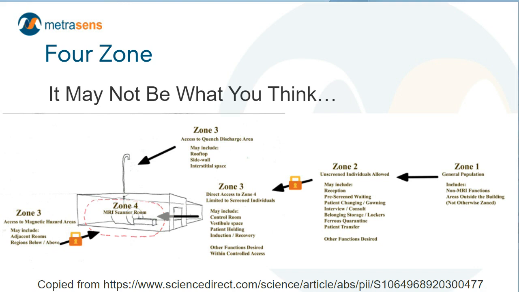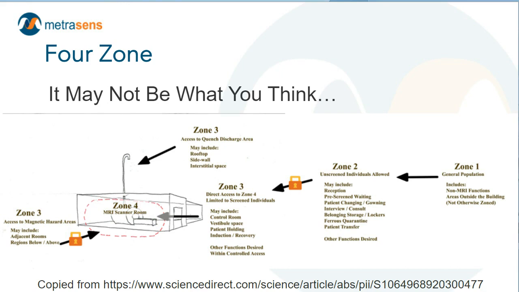And then zone 3 are areas where there are potential MRI-specific hazards. And then zone 2 is where there aren't, the first area where there are not MRI-specific hazards, but there is MRI-specific function. And zone 1, actually, to a large extent, is pointless because zone 1 means there is no MRI-specific function and there is no MRI-specific hazard.